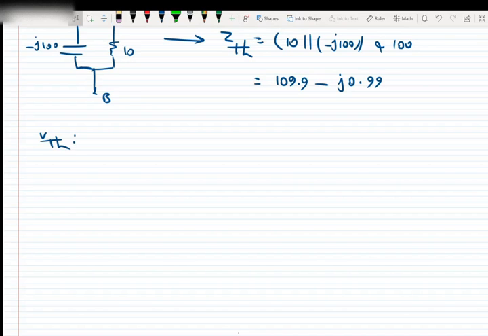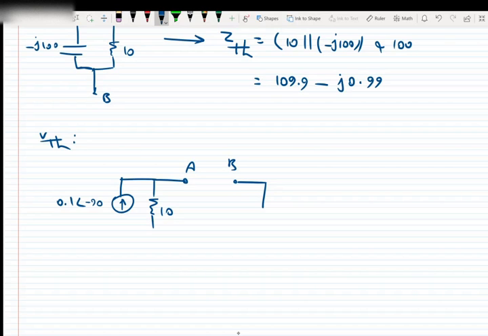the equivalent. So here is the circuit: the current source 0.1 with the angle of negative 90, a 100 ohm resistor here, and here are the two points A and B. So it's negative J100, 10, plus minus 20 with the angle of 45.